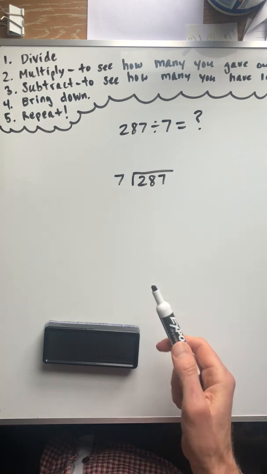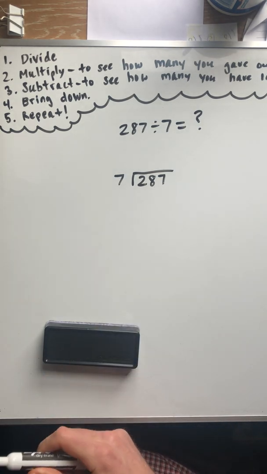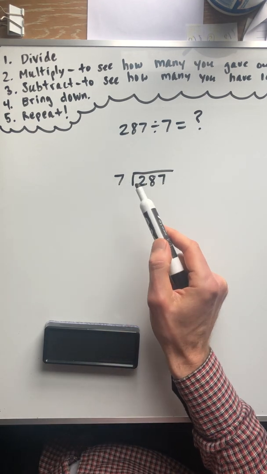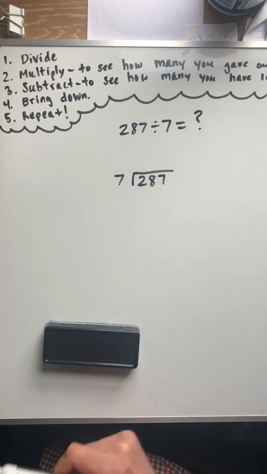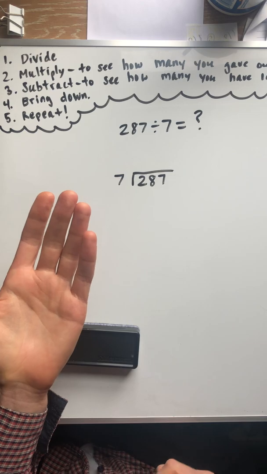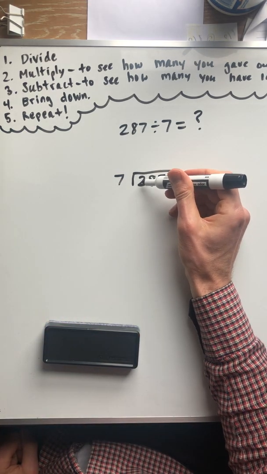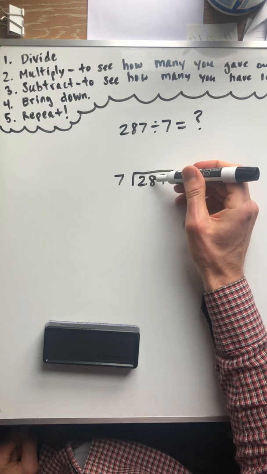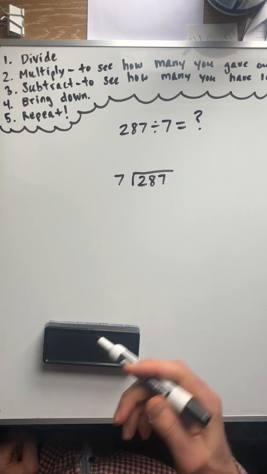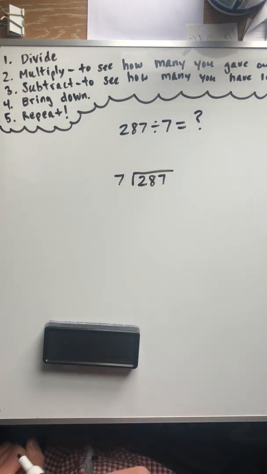They told you beforehand it costs $287 to build this fence, and you have to figure out how much each person is going to make. They finish the fence and they're like, all right, time to pay up, Daniel. And I've got 2 $100 bills, 8 $10 bills, and 7 $1 bills. I've got to figure out how much each person gets.